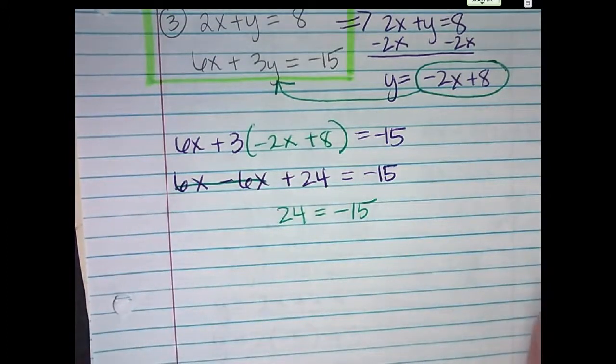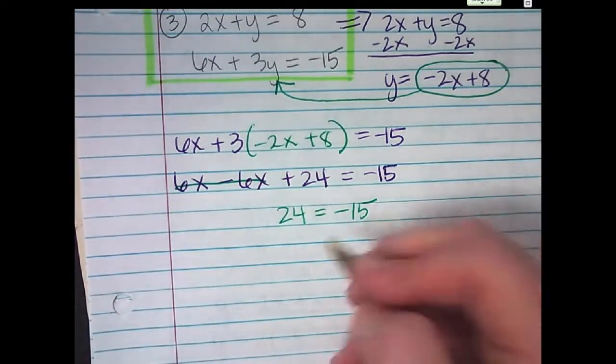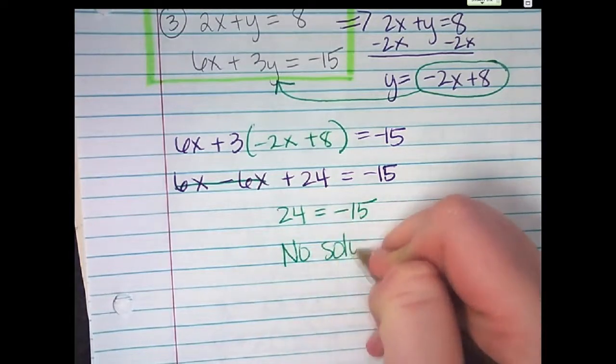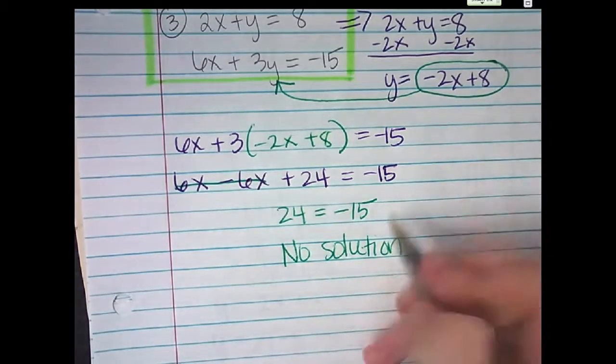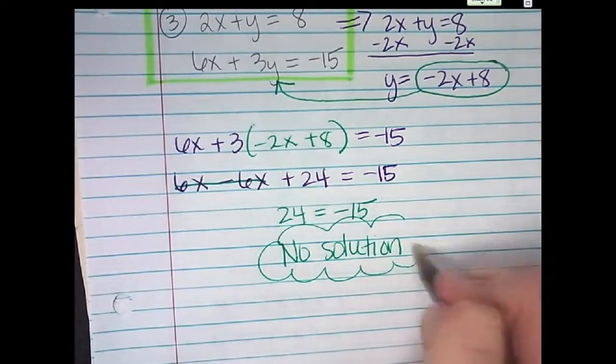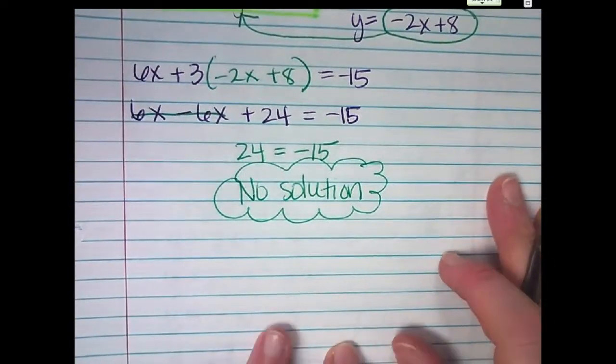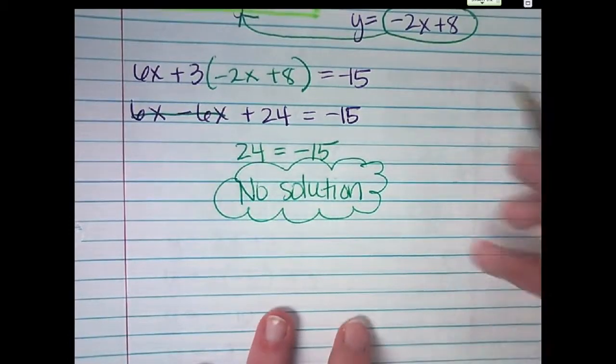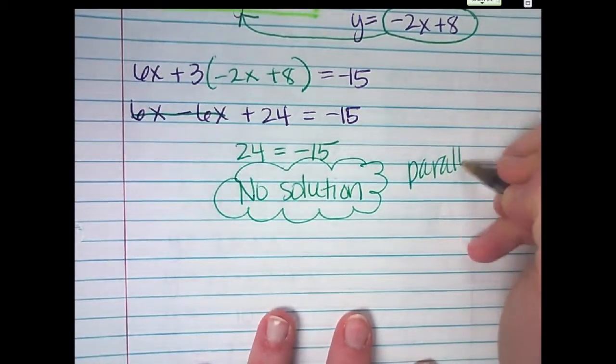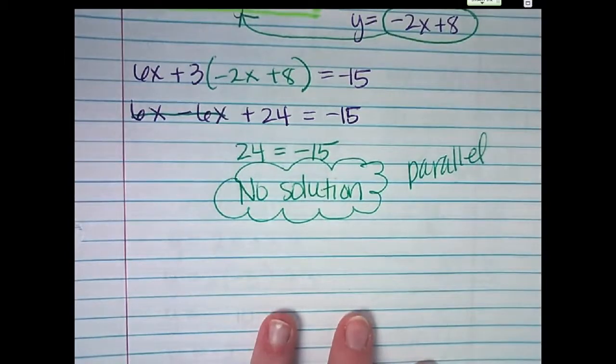What do you think our answer is here? No solution. What kind of lines would those be? Parallel. Good, I hear it. Parallel lines, remember, they never ever touch, so there's no solution.